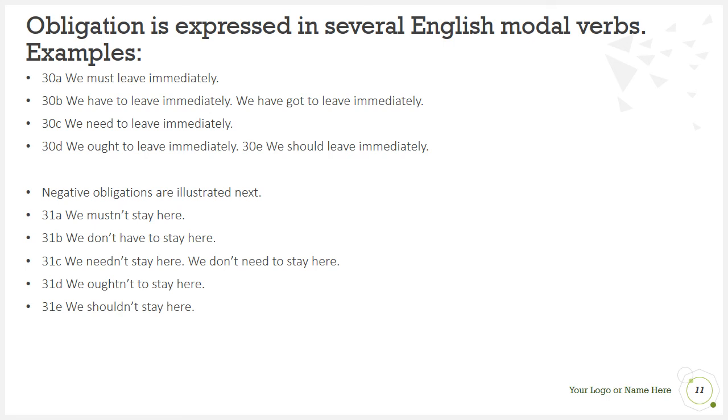Negativity is attached to the embedded proposition; not staying is our obligation. The others say that we are not obligated to stay. Negativity applies to the modal verb; staying is not an obligation. Schematically, the difference can be represented like this: must but not stay here, versus not have to, need, ought or should stay here.